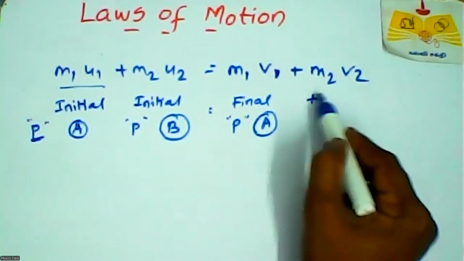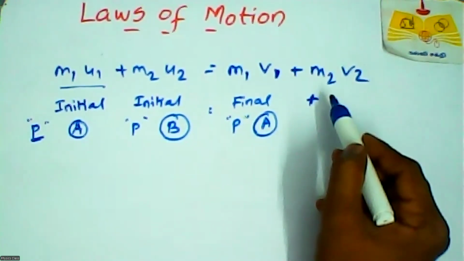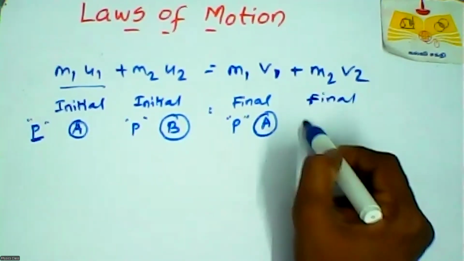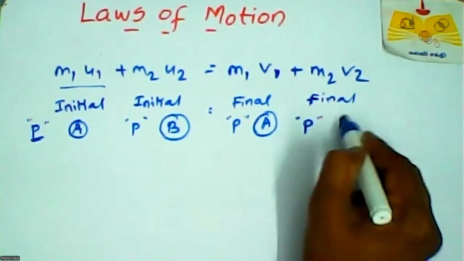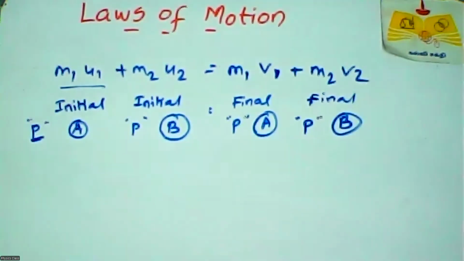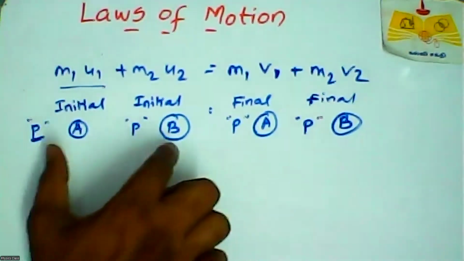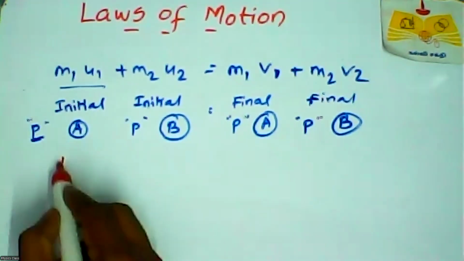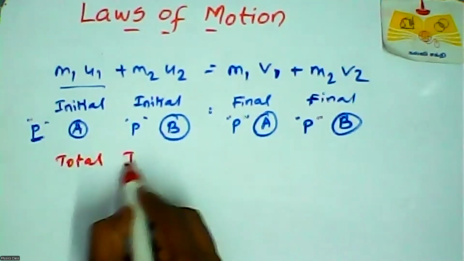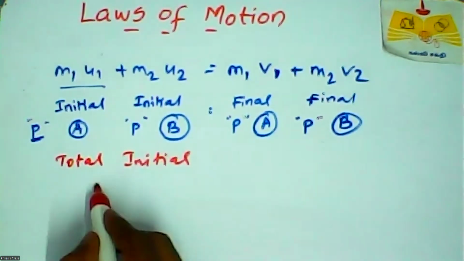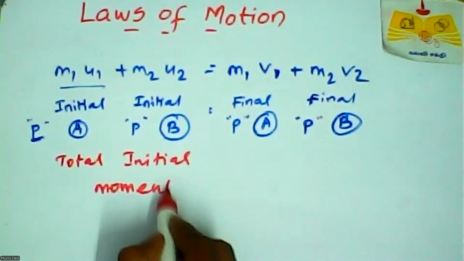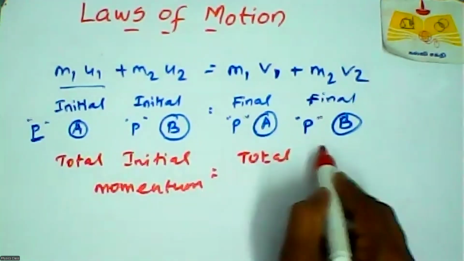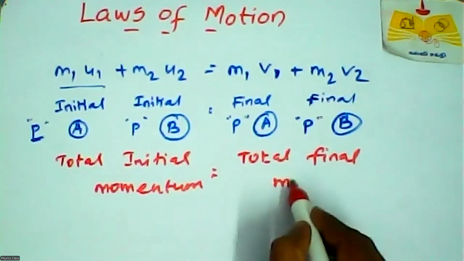V2 is the change in velocity of that second object, so this is the final momentum of B. So the total initial momentum is equal to the total final momentum.